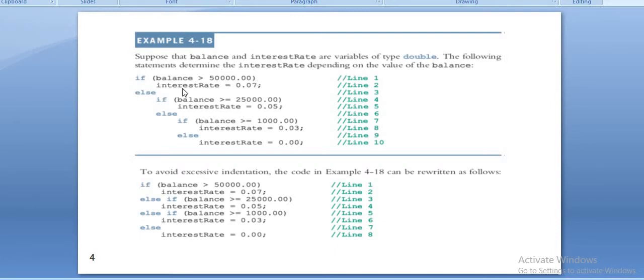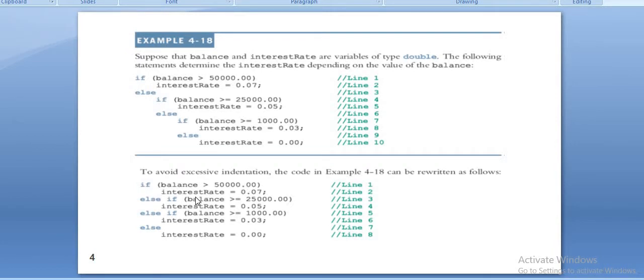In this example, this seems a little complex, so we can write the same thing like this. To avoid the excessive indentation, or notations in other words, the code in example 4.18 can be rewritten as follows.